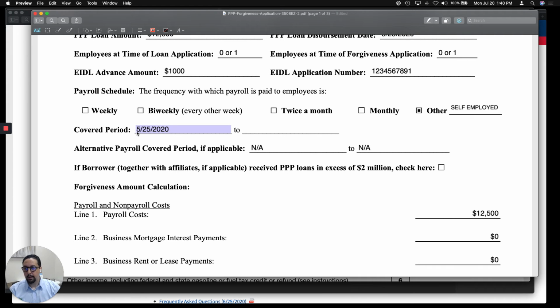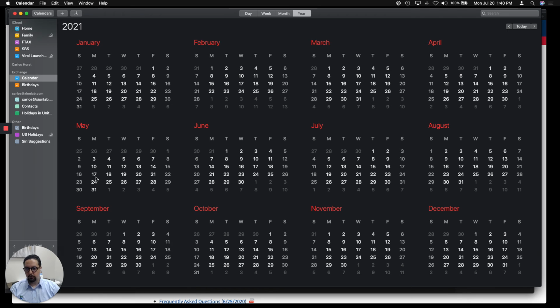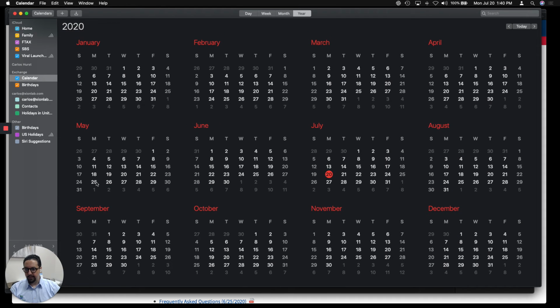So from May 25th, let's go to the calendar again, May 25th of 2020. So now we count 24 weeks.